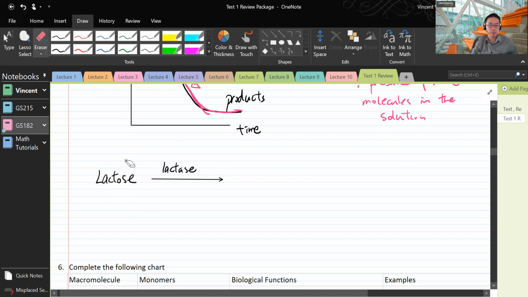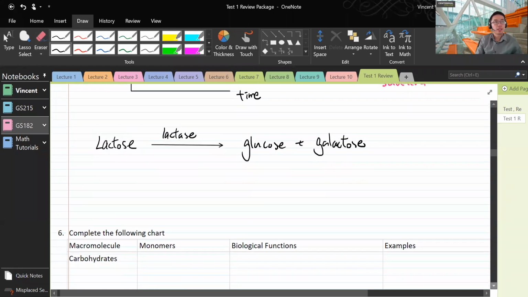What makes up lactose? Anyone? Yep, Rueda said galactose, and glucose is the other one. Very good. So the lactose will bind to the active site of the lactase. Lactase will break it down into these things and release it. Okay, moving on.